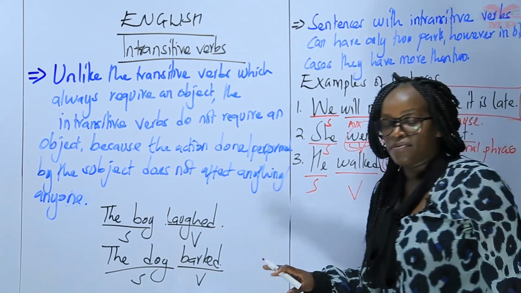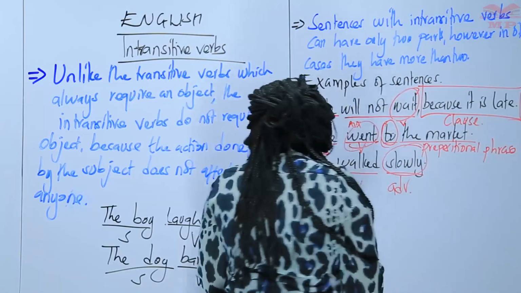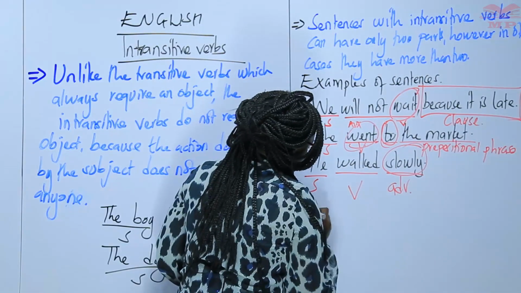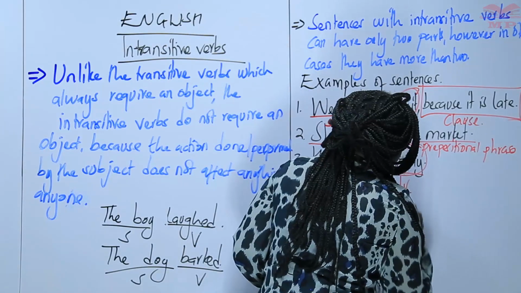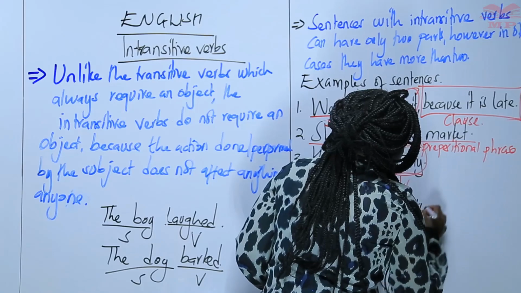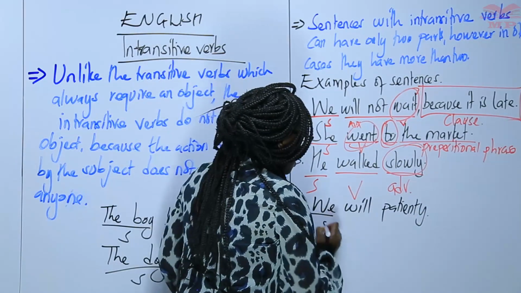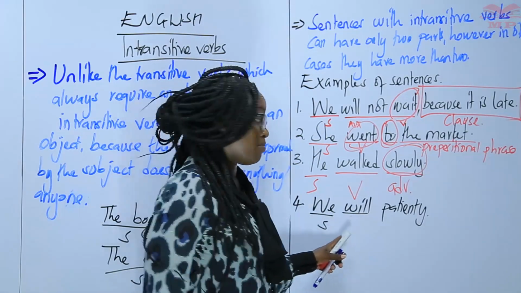So let me give another example to make this clear. You could have a sentence like, we will wait patiently. So here, we, of course, becomes the subject. Will is a modal auxiliary verb, but in this sentence, it is actually the main verb.